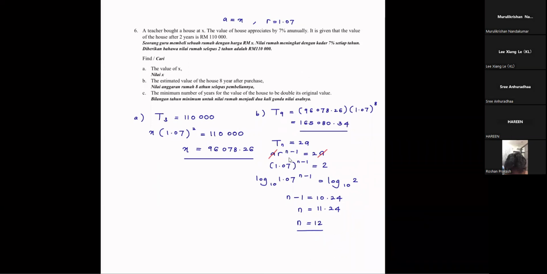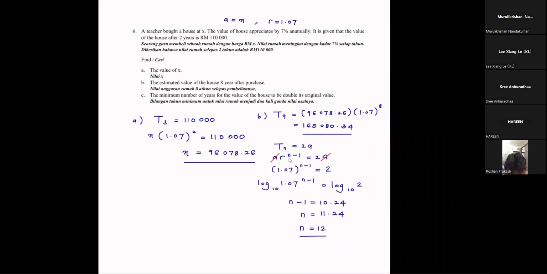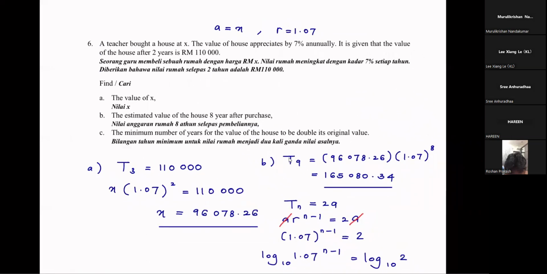You see the word after. Okay? After means, if let's say after 2 years means T3 lah. After 9 years means T10. Macam tu cara dia. So the word after is go to the next value. They say, you see, they use the word here, after 2 years. So that means T3.